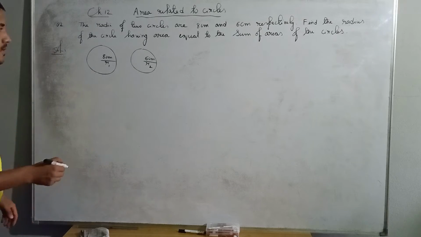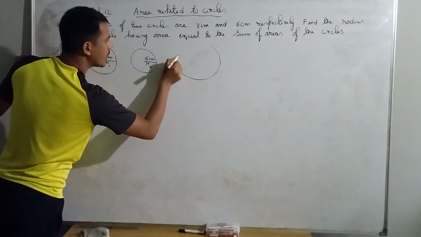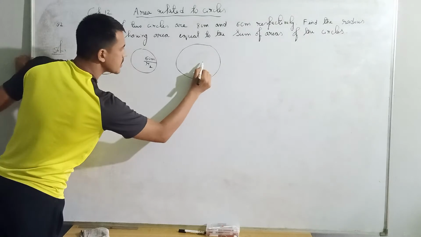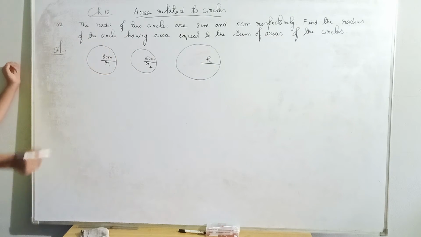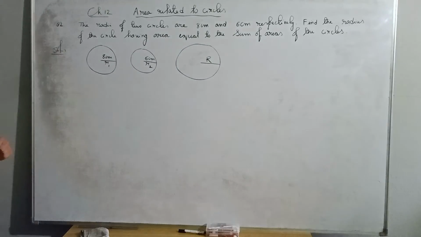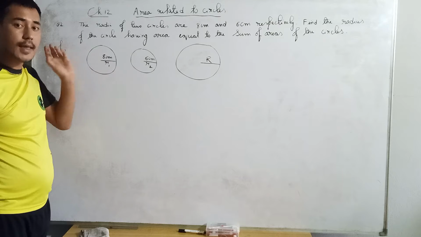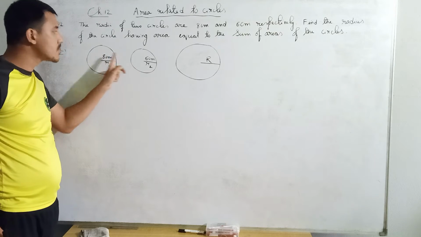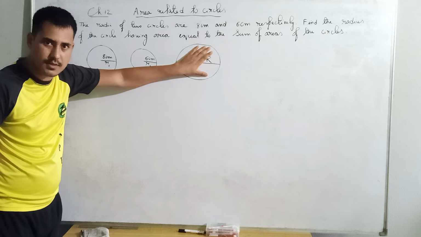Now we want to find out the radius of the third circle. Let me denote it by capital R, the unknown radius. The given condition is that when you add the areas of these two smaller circles, we get the area of this third circle.